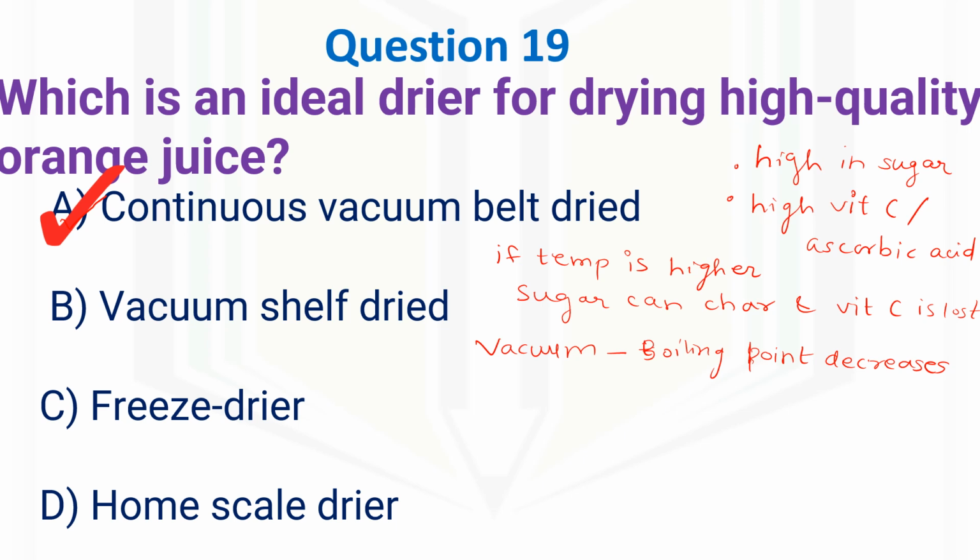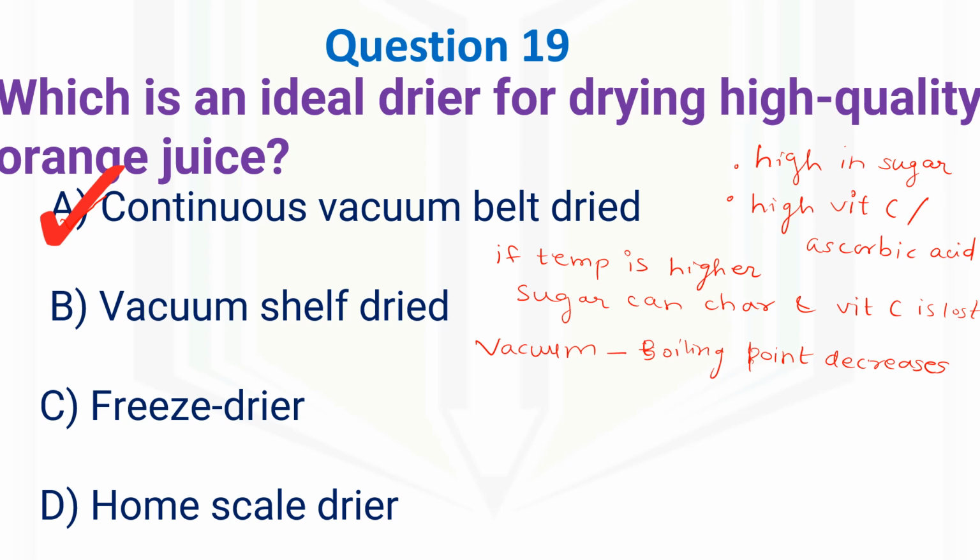Okay, so freeze drying can also be a technique for drying, but after freezing, a vacuum has to be applied so that it will evaporate the moisture. So the best option is a continuous vacuum belt dryer. It will gently remove the water from the juice using a vacuum, and the slow moving belt will preserve the juice's flavor and nutrition.